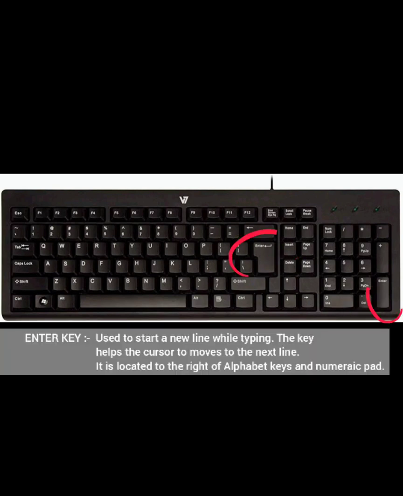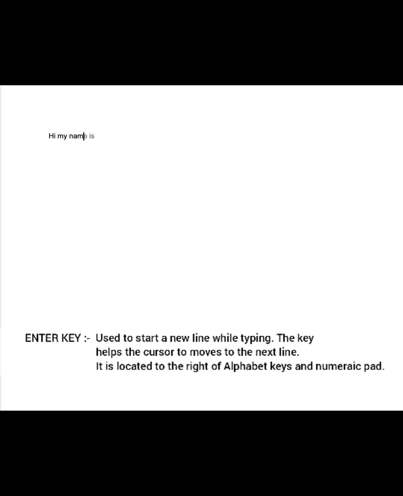Okay, now coming to the next key, that is enter key. So enter key is located to the right of alphabet keys and numeric pad. Okay, there are two enter keys on the keyboard and we press it to start a new line while typing.